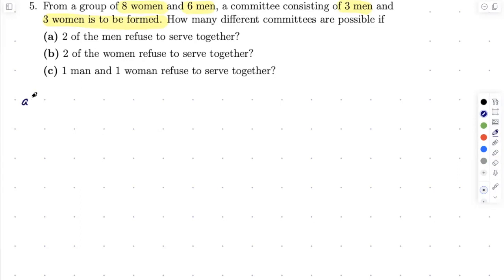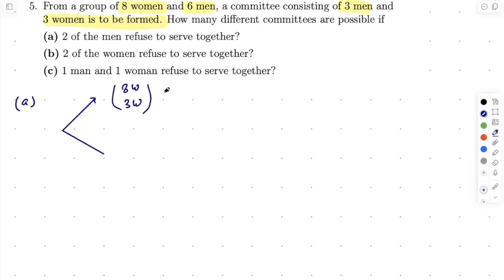For the A part, the 2 men cannot work in a single team, but yes, a single man can work. If you choose one of them, the committee will work. So how many possibilities are there? There are two ways. First way, out of 8 women, you select 3 women because there is no issue with the women.